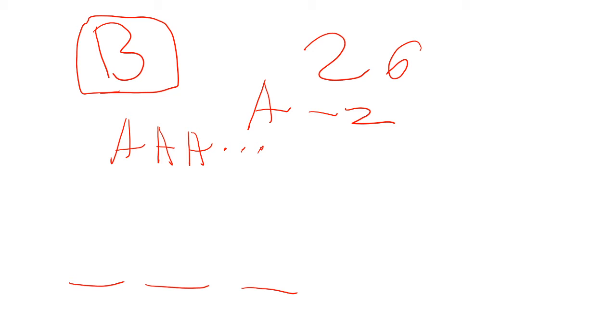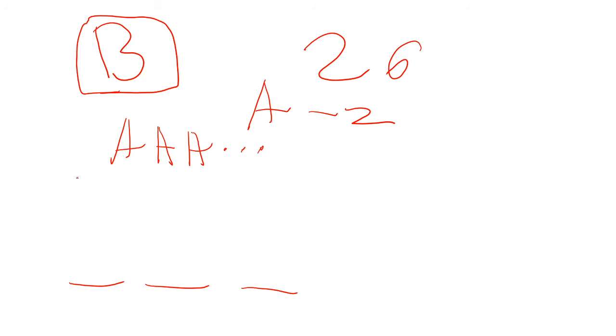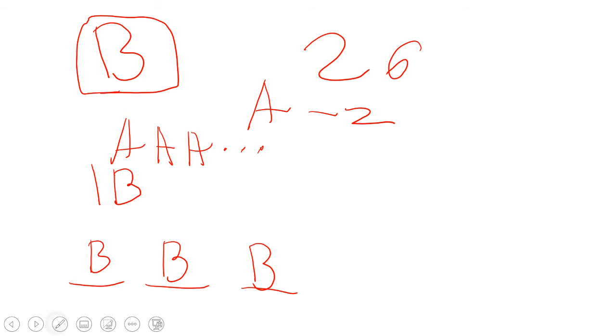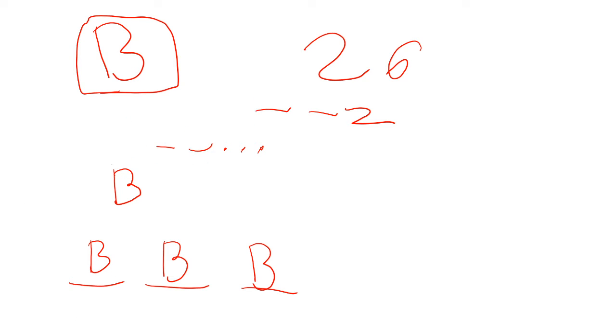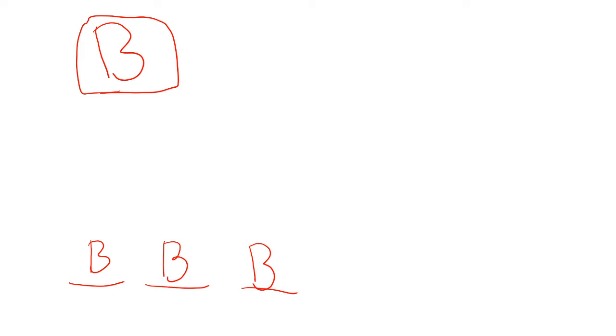Now, I'm going to start off just by listing how many words we have with one B. I'm going to list the number of ways we have one B. This B can be here, here, and/or here. Given this in mind, we are going to be solving this problem.